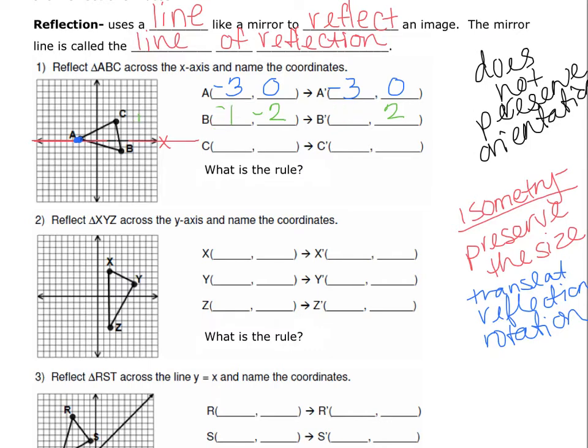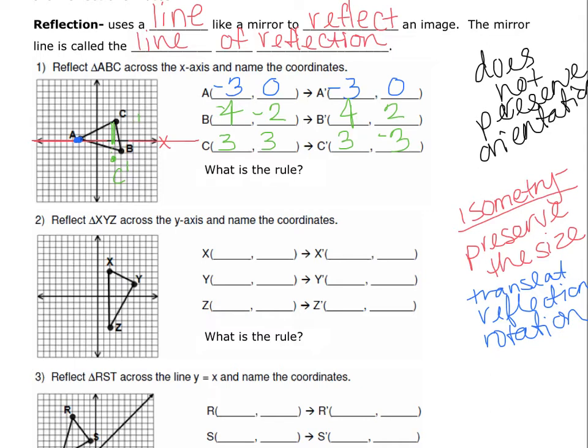Sorry, these lines are hard to see. C is at 3, 3. So, since C is 3 away, I'm going to go 3 the other direction, and it's going to land there. So, C prime is going to be at 3, -3.